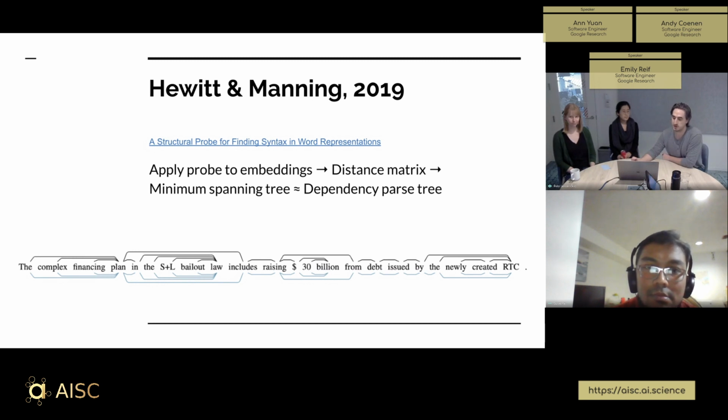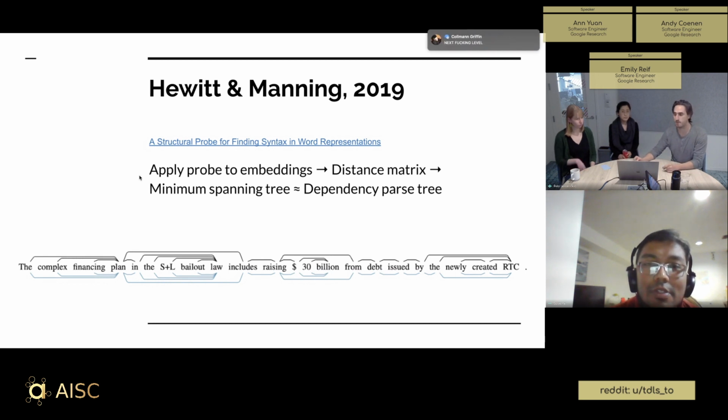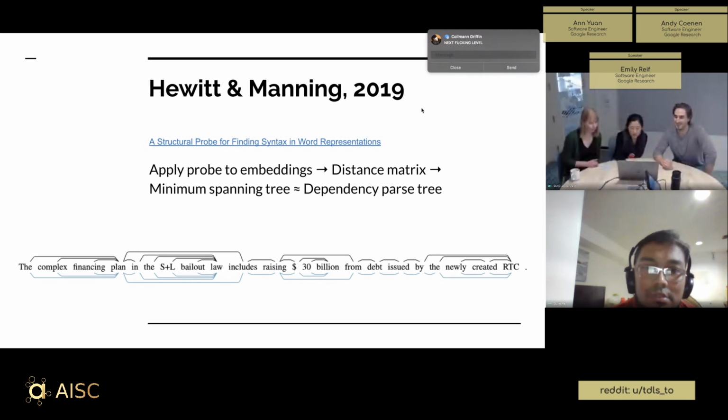The task was to find this probe to translate into a subspace in which the distances between the tokens were analogous to their parse tree distances. And it's kind of neat. They found that it actually worked when you shrunk it down to something as small as 16 dimensions.